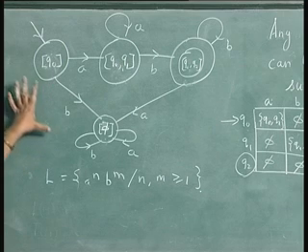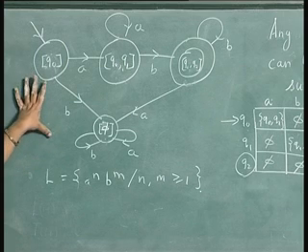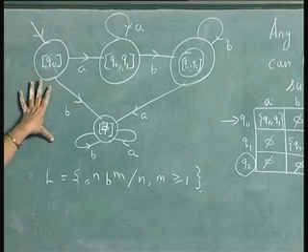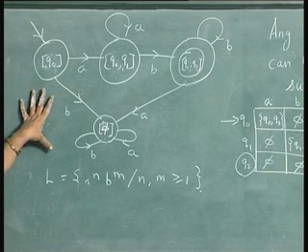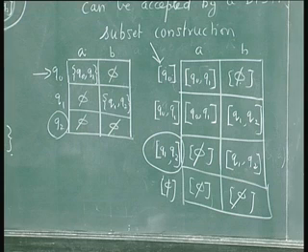So, you see that you have the same diagram. I have only relabeled the states and you are getting the deterministic automaton for this automaton. This is to illustrate with an example. Now, the proof also is like this.